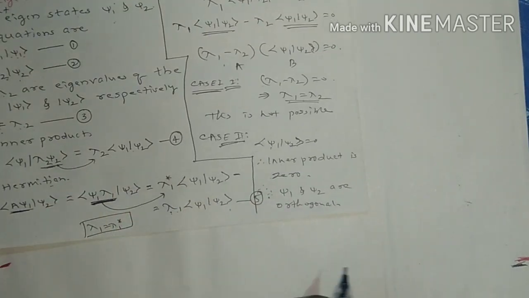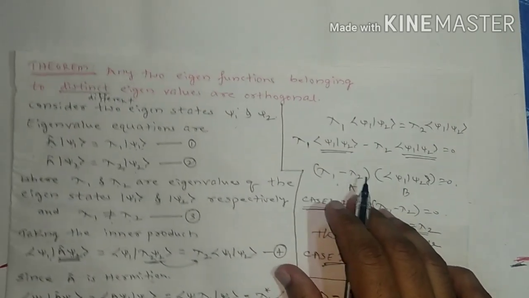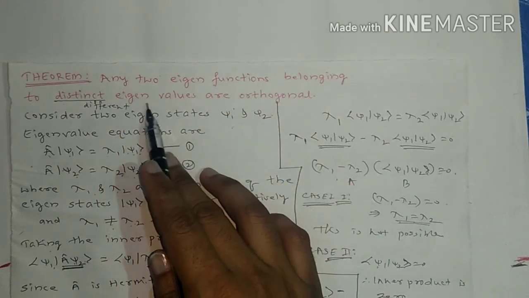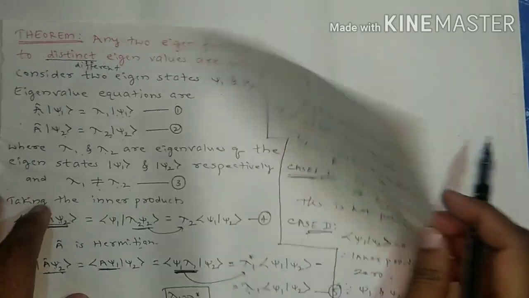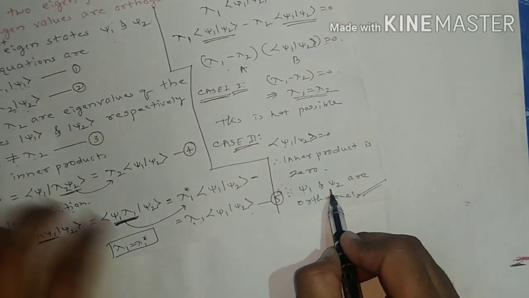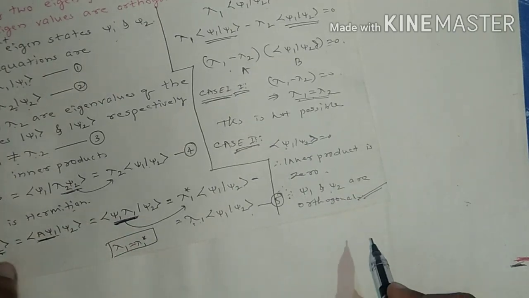So this is what we have proved. The theorem is that any two eigenfunctions belonging to different or distinct eigenvalues are orthogonal. This is what we have proved in the end, that psi 1 and psi 2 are orthogonal to each other.